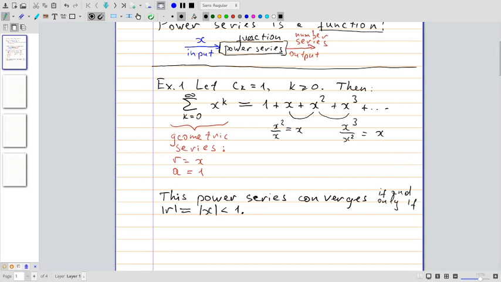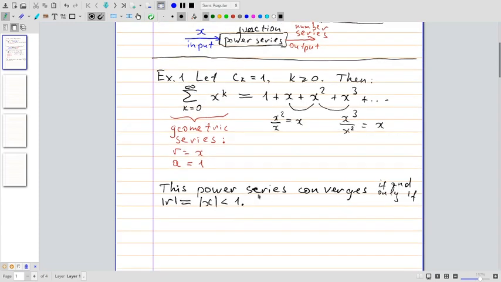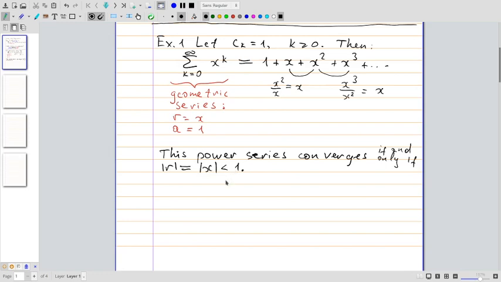Now, we also can determine what this power series will converge to. Since it's a geometric series, we can sum it up. So we can say that the infinite sum, k from 0 to infinity, x to the k, is equal to the first term, a, divided by 1 minus r.